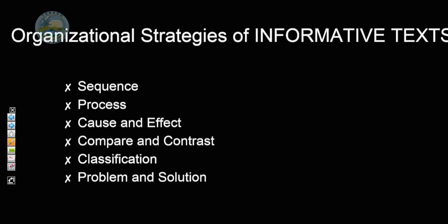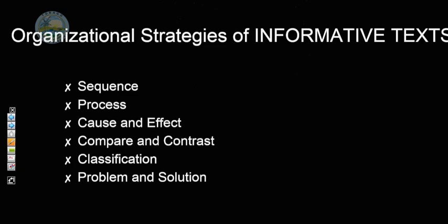You want to be able to see words that are telling you that you're moving from one point to the next. It's similar to process, with the distinction being sequence may have to do with time. Sequence usually involves time, but the process involves the activity and the steps involved in doing it. But they both involve moving from one point to the next.